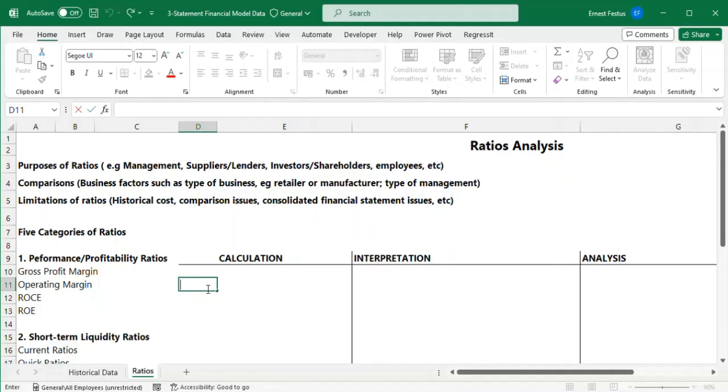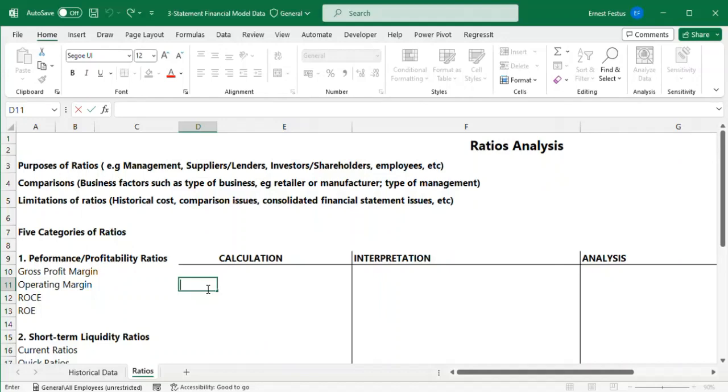Is it a retail firm or a manufacturing firm? We know that a retail firm can have a very high revenue level, but their margin level might be lower due to high levels of cost of sales and that kind of thing.